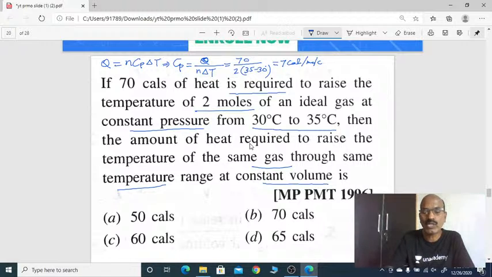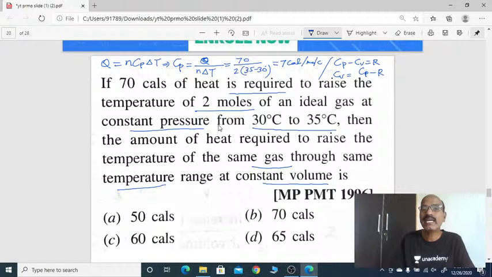But we know that the difference Cp minus Cv equals R. From that, Cv equals Cp minus R.